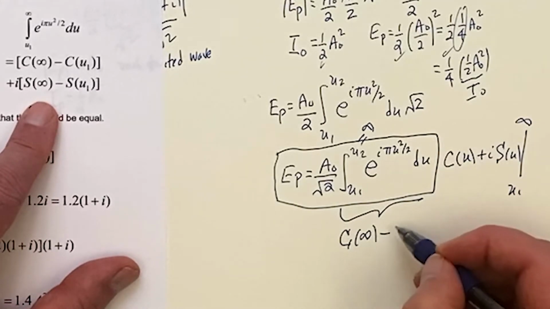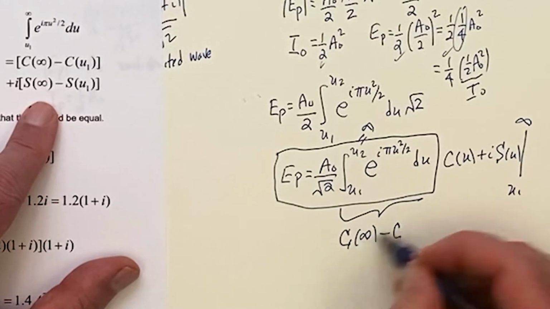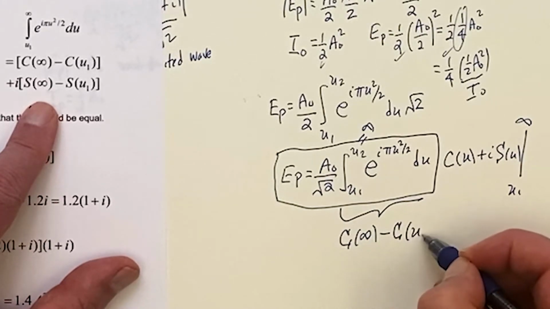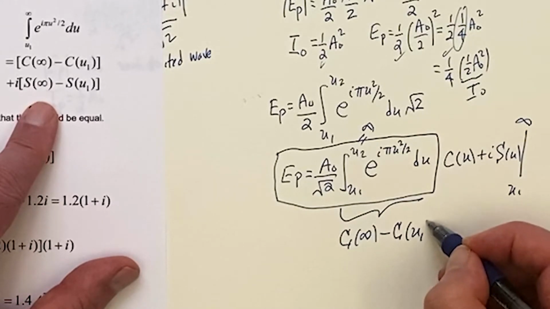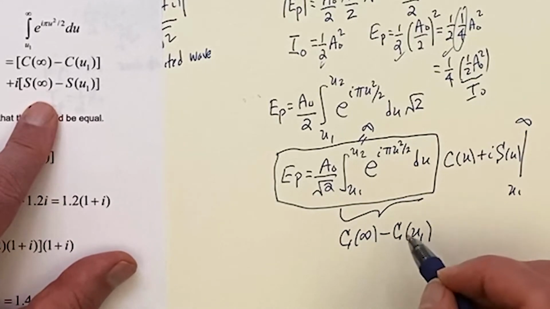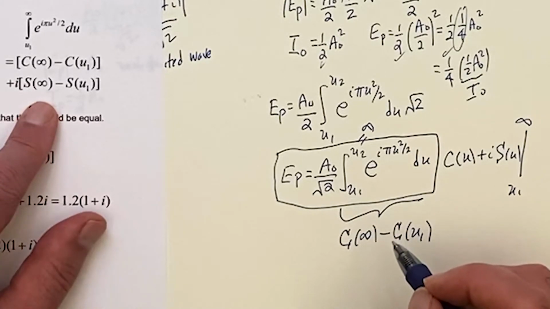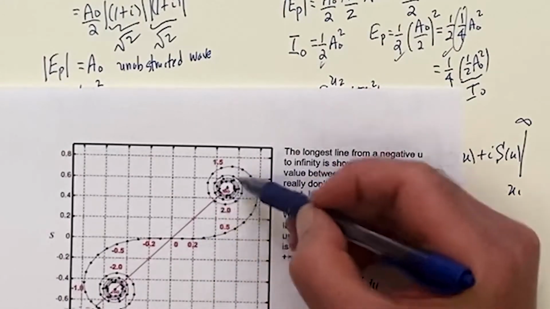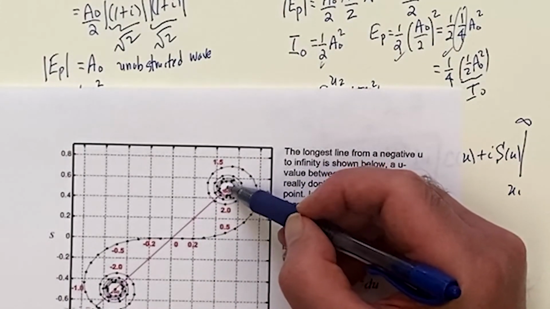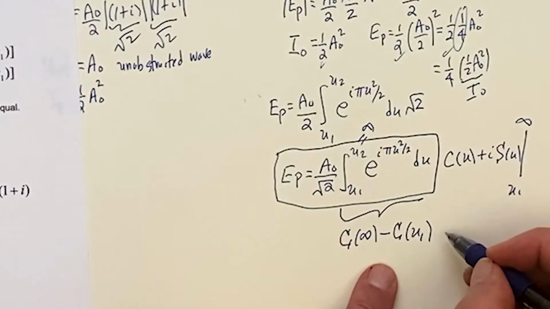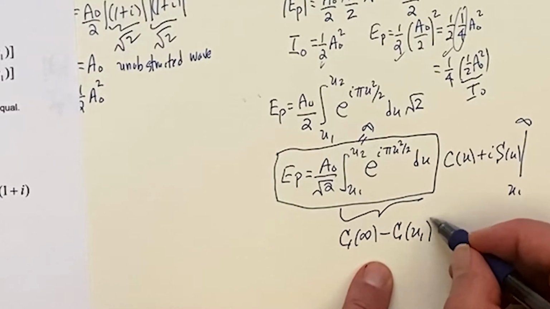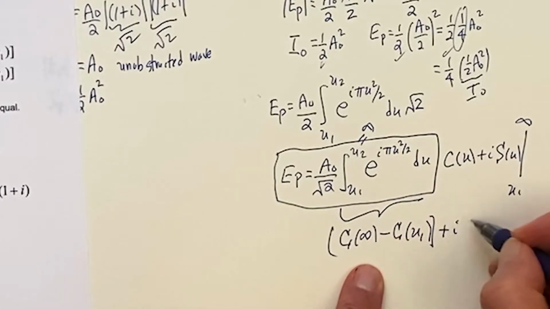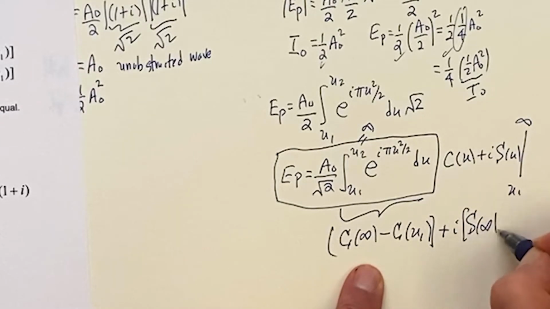So in general, if you're going to go to infinity, this will be the C at infinity minus the C for u1, where u is infinity, and that would be at that point on the Cornu spiral. So if you take u and go to infinity, you wrap that u around, and that's going to be your point where u is infinity, and then this would be plus i times the S at infinity minus the S of u1.